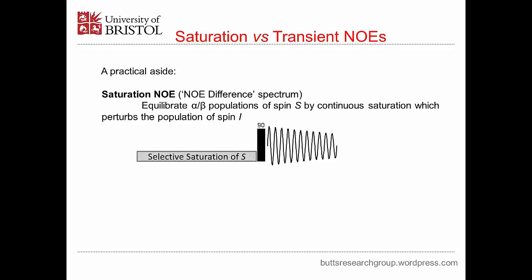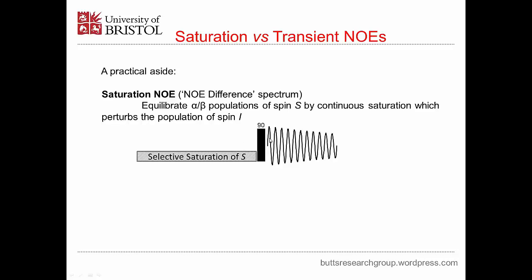The way that you conduct this in a practical sense is you run two experiments. You run one where you're selectively saturating S and one where you are not, and you subtract one experiment from the other. The difference between them arises from this perturbation in the population of any spins which are near to S in space.